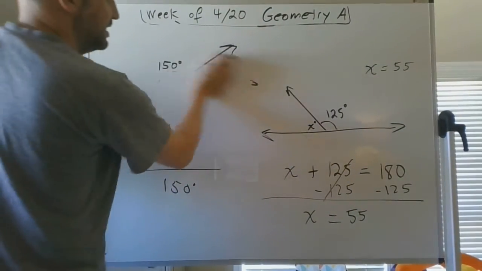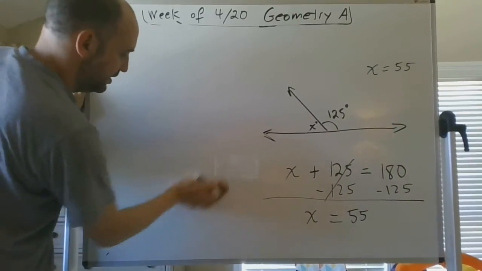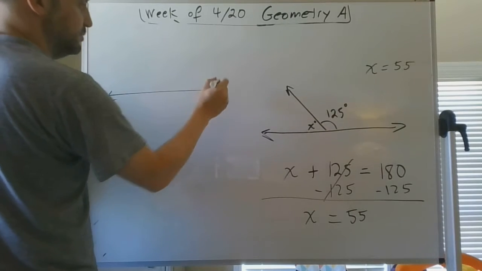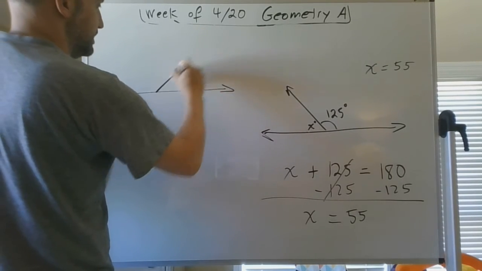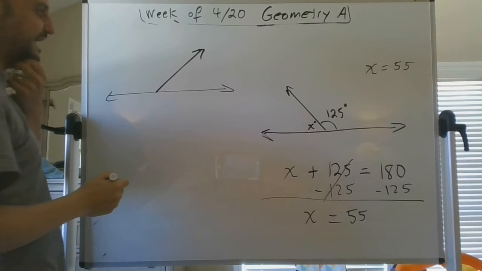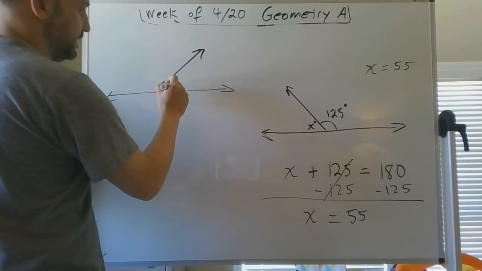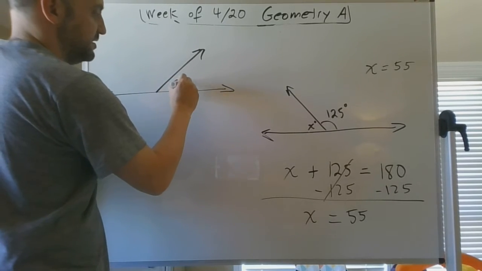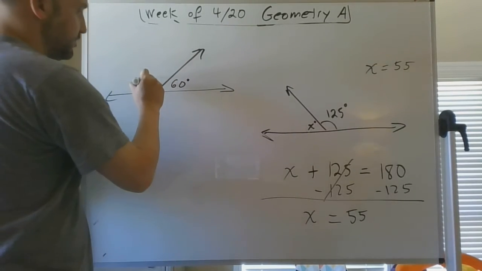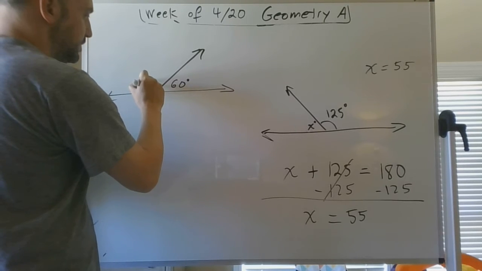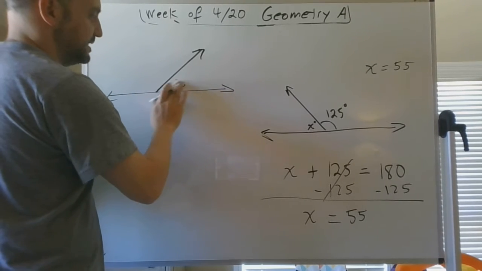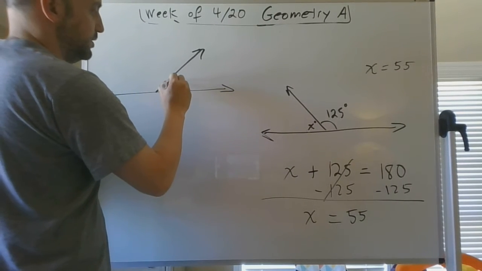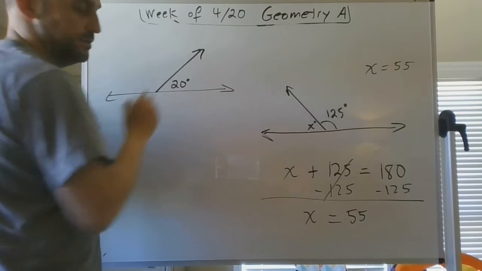All right, so let me take this, but I want to step it up a notch. Okay, so I'm going to leave that one there. I'll put another problem here, but I'm going to step it up a notch, okay? So this time I'm going to make it a little more complex. I'm going to write down 20 degrees for this.